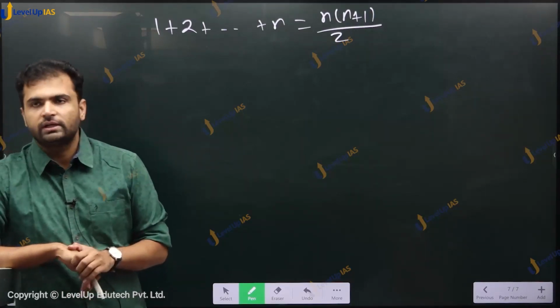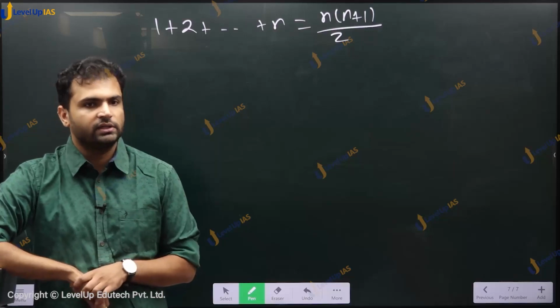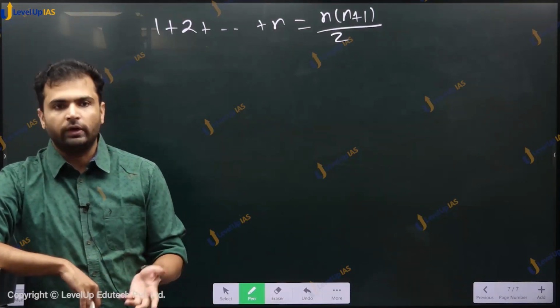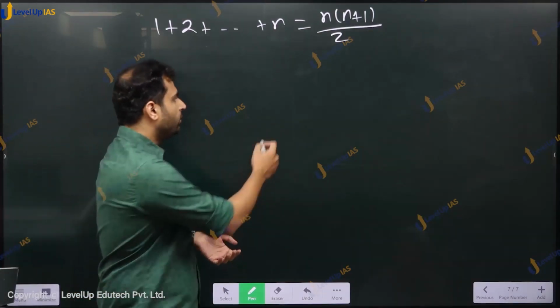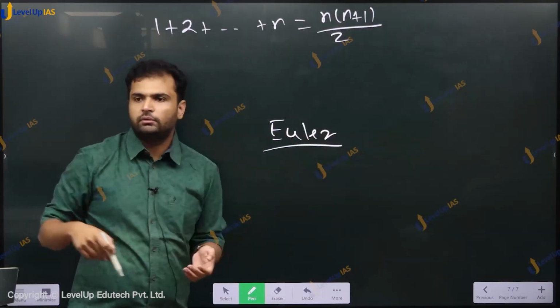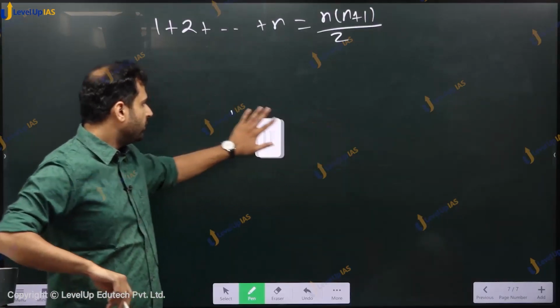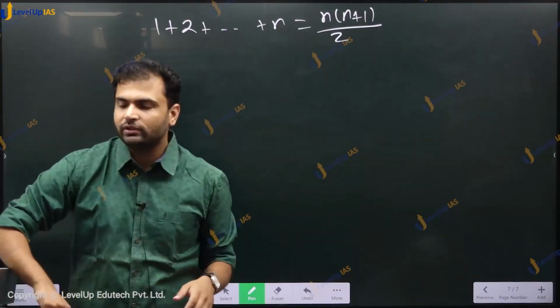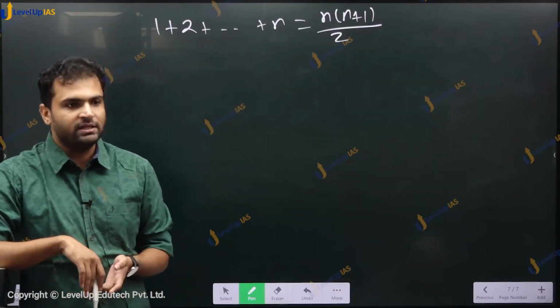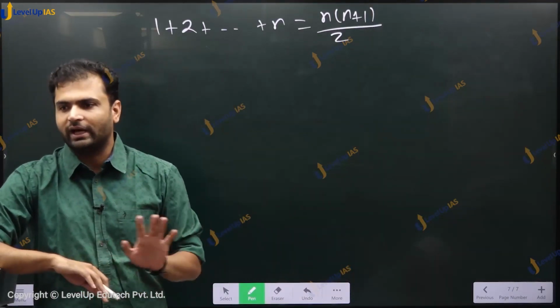So anyway, there is this story that there is a very famous mathematician, one of the most celebrated mathematicians, known as Euler. I don't know if you have heard his name in mathematics or engineering, but he's very famous. What happened was, he had a teacher who was perhaps lazy and just wanted an off period to himself. He just wanted to sit back and relax.